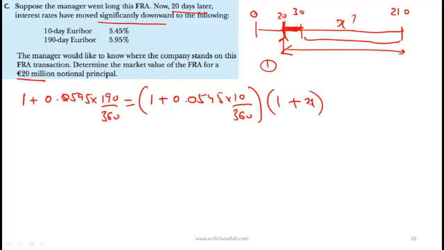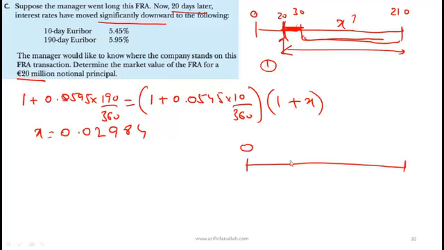Now when you solve for X, you will get X equal to 0.02984. So that is this rate over here. Earlier you had 0, day 30 and day 210. The rate that we got for this period earlier was 0.0309.